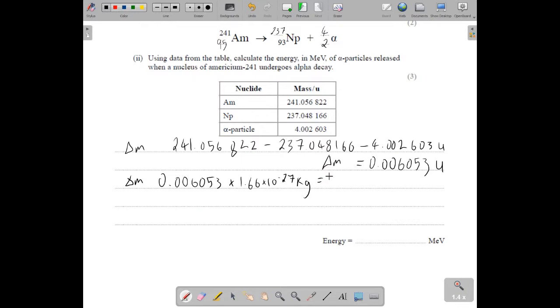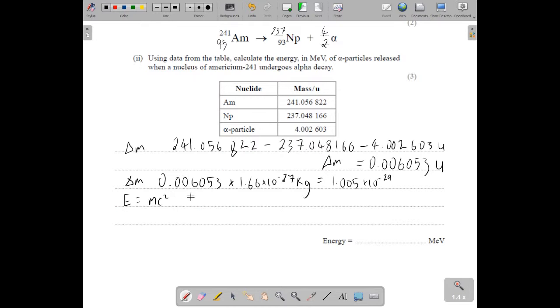So that gives me the very small number of 1.005 times 10 to the minus 29, and so my energy is E equals mc squared. Yay, I get to write that equation.